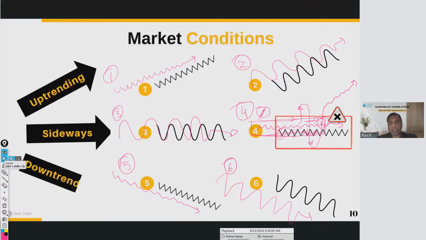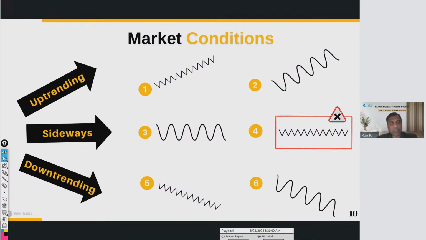The same picture has been shown in a better way here. So again, this is market condition number 4, which we should try to avoid. Not that we don't make money, we make money trading in this market as well, but we keep our trades, our stop losses, very, very tight.